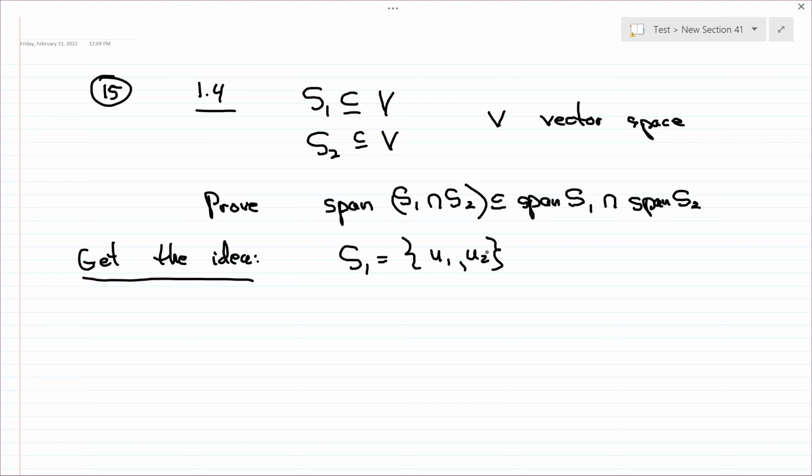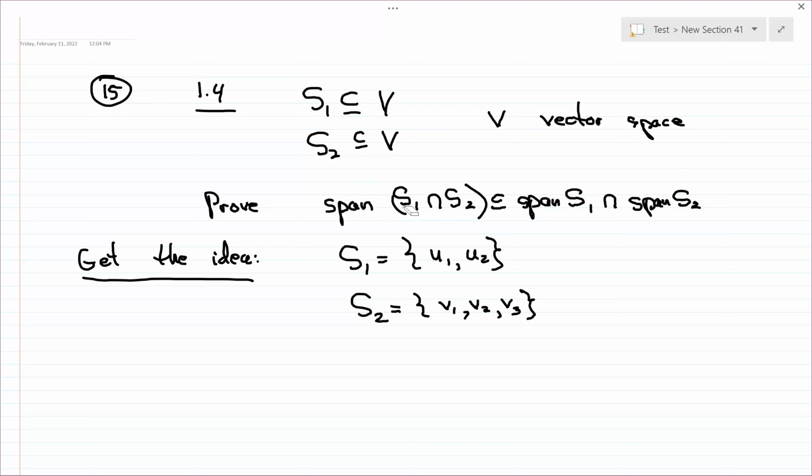I'm taking a simple case where S1 just has two vectors. Now we have to decide what S2 looks like. Why don't we suppose that it has three vectors in it? Something like that.